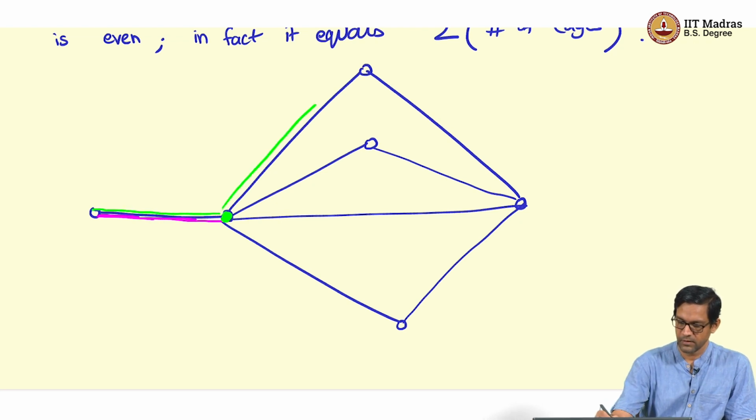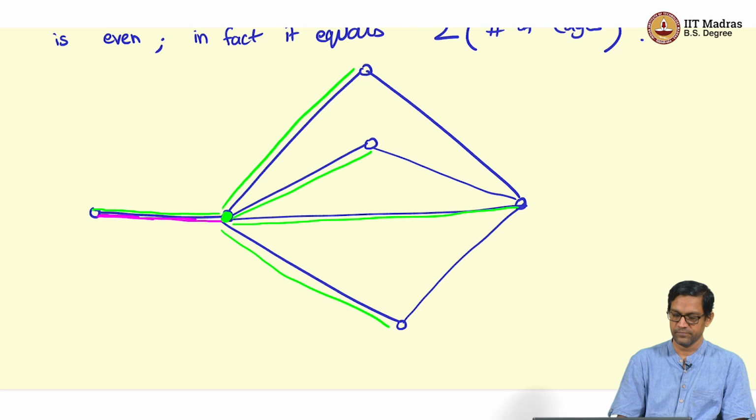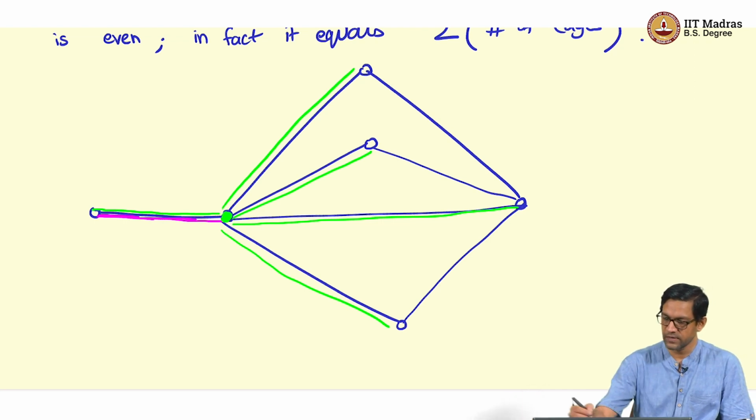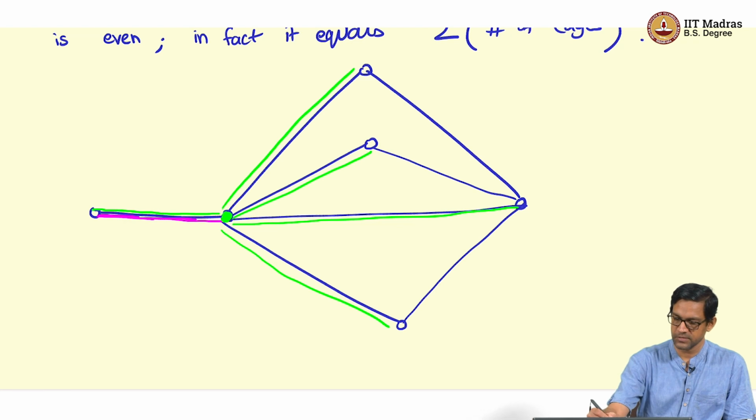edges which meet at that vertex. So, I have to add that number 5. I have this violet edge, and then I have got to add the 5 green edges, the degree 5. Now, let us do red for the next vertex here. It has got 2 edges, this one and this one.